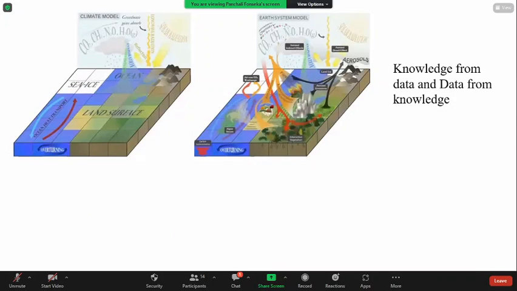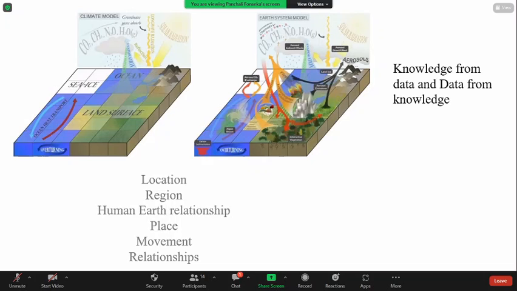So when we study what will happen and what will happen next and what the consequences are, and how we manage the resources, likewise. For those things, we need to know where the thing is happening and what phenomena happen there and what is the region which affects that phenomena and what is the relationship with human activities. So if we know the answers to these questions, we can easily model.